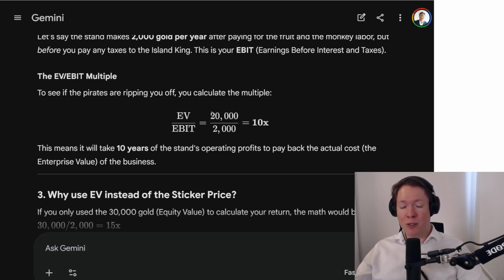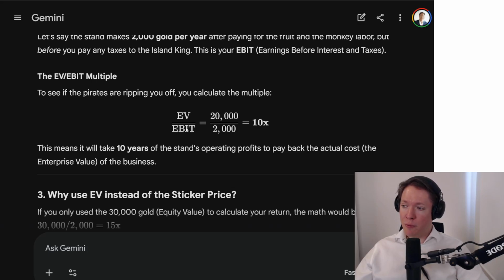We paid 30,000 gold, but it included 10,000 gold, so we paid 20,000 to take over the whole business. And every year we have a profit from the coconuts and fruits of 2,000. So if the earnings are flat, then it means it will take 10 years of the operating profits to pay back the actual cost of the business.